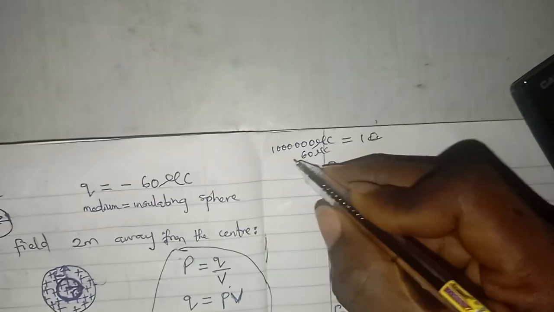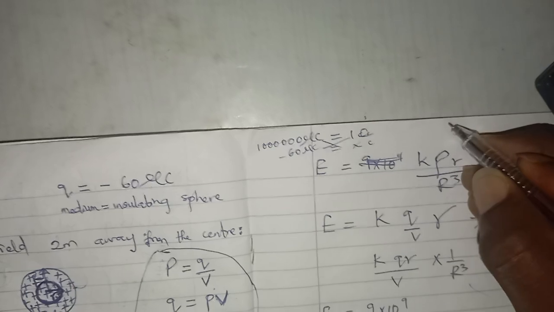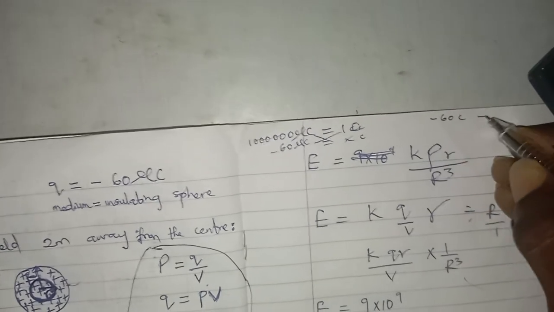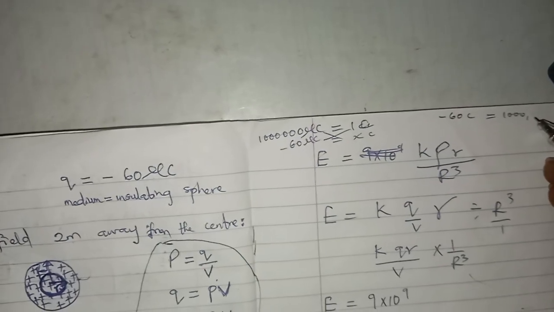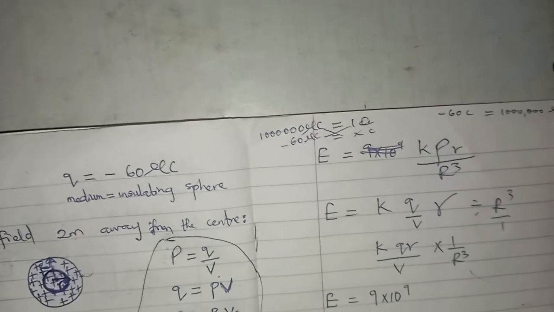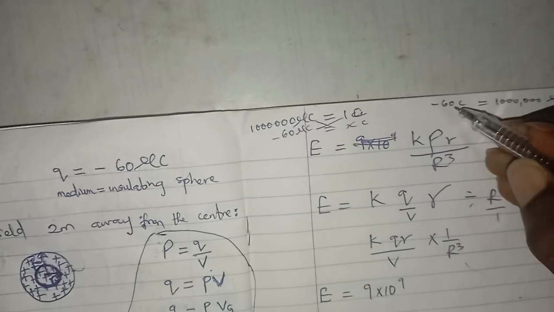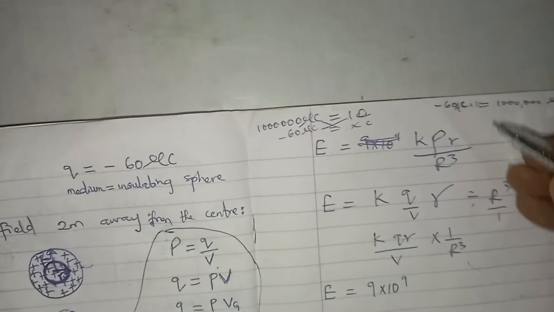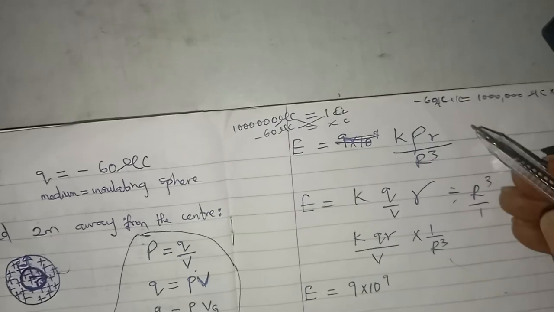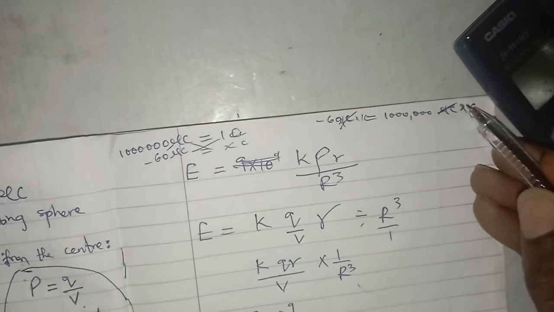So 60 microcoulomb, in as much as it is minus, will be equal to x coulomb. Cross multiply, so that I now have minus 60 coulomb equals 1 million microcoulomb times x coulomb. The microcoulomb cancels, then I have x coulomb.